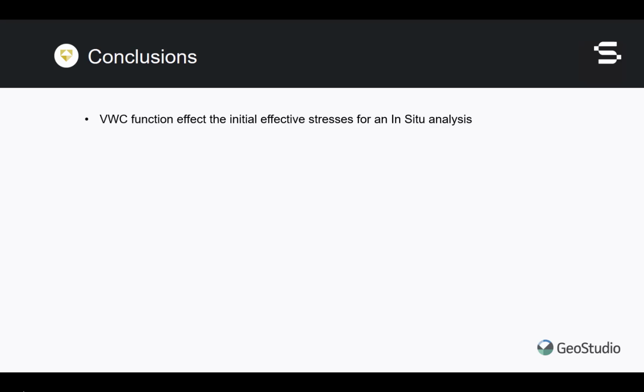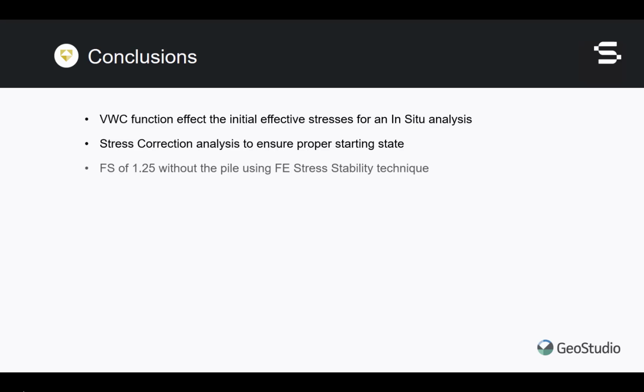Without a volumetric water content function, SIGMA/W fully weights the effect of negative pore water pressure on the effective stress calculation. Second of all, we use a stress correction analysis to ensure that the stress state of all Gauss regions obeys the failure criteria for the soil. This is a critical first step in stress strain analyses.